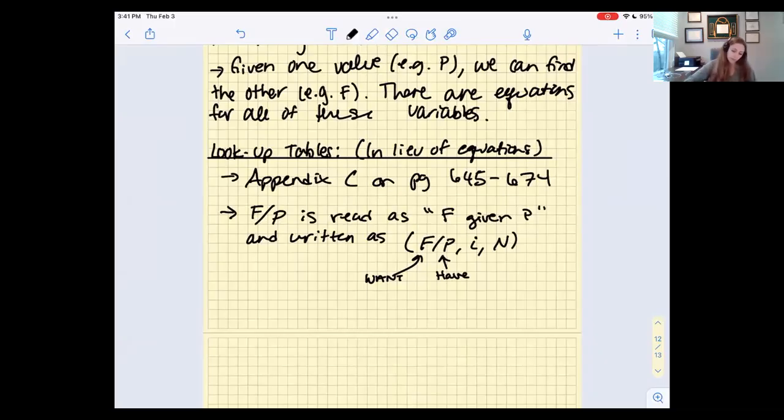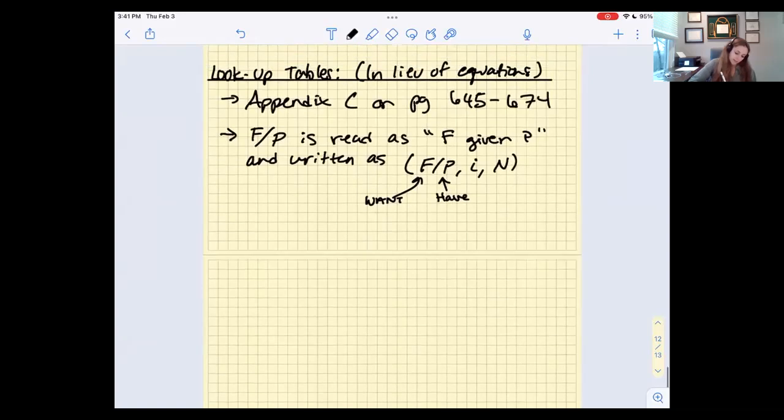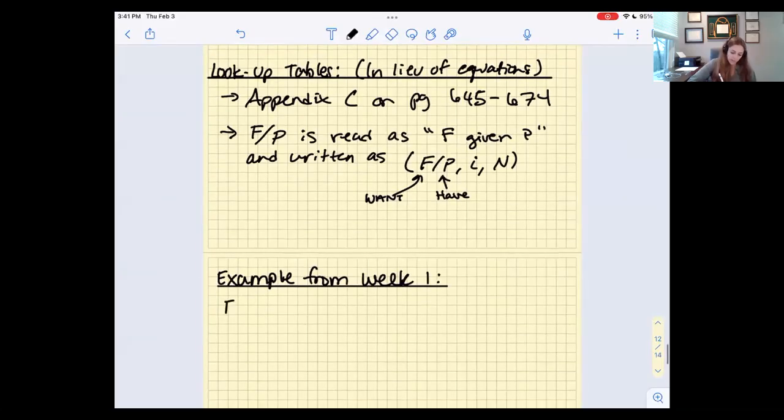So remember, we had an example from week 1 where I asked you to find the future value. I said that the interest rate was 10%. I said you have 3 years and the present value was 1,000. This was an example we were using to compare simple and compound interest.